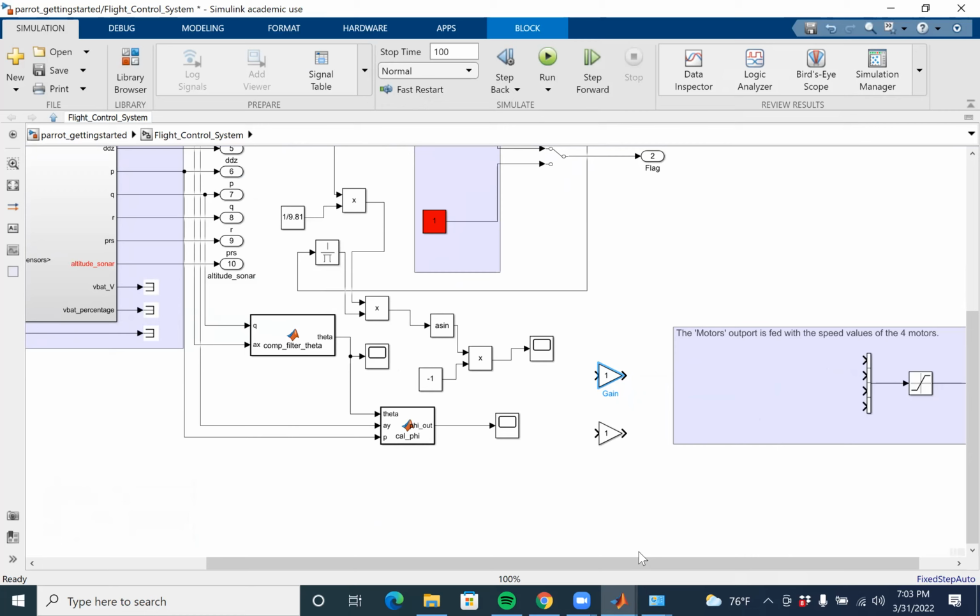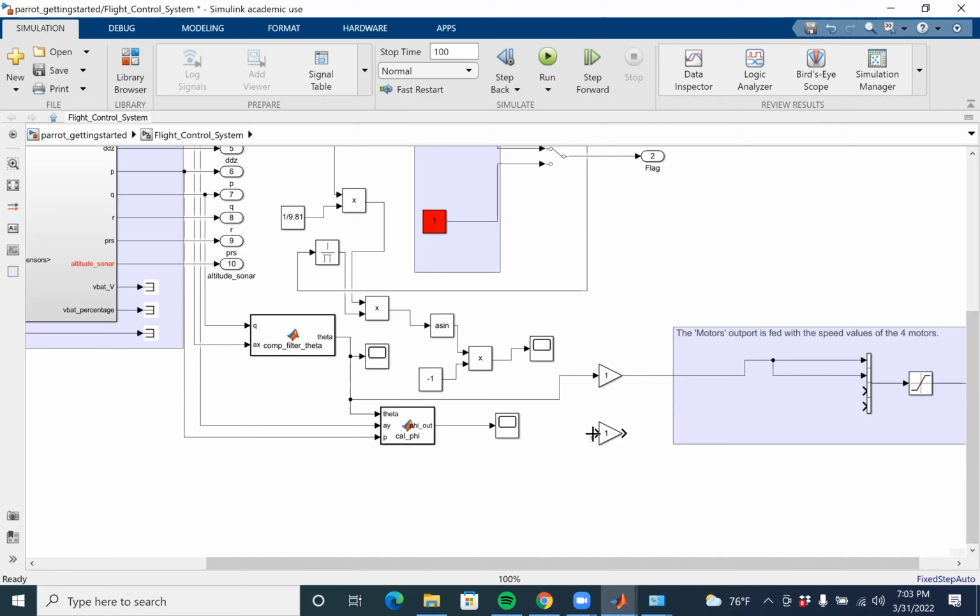There is actually something else that we need to implement, but let me give you what's happening here. I would take this from here and feed the output of this to motors 1 and 2.